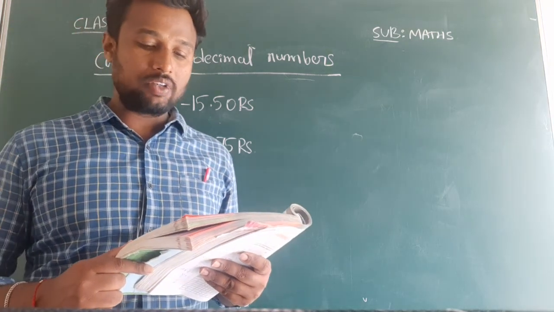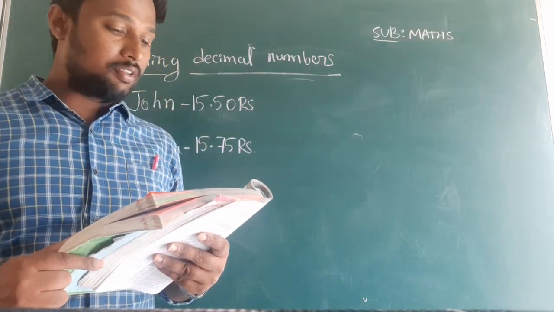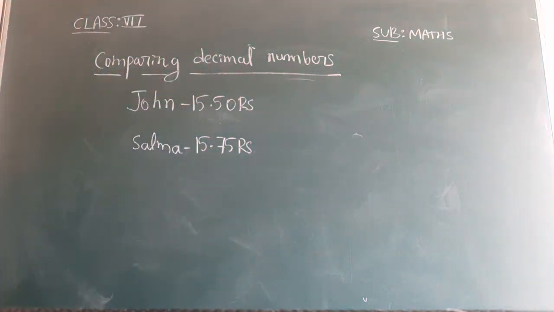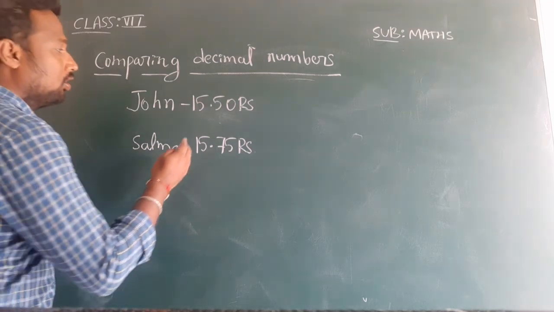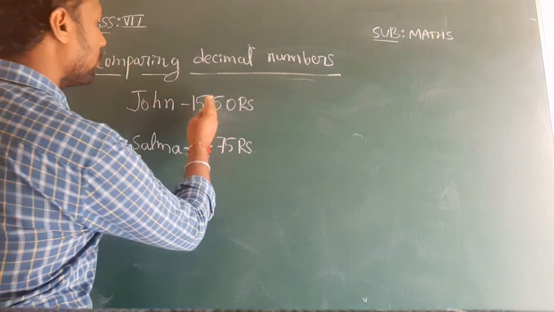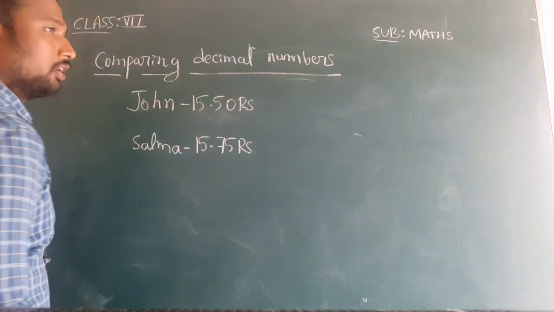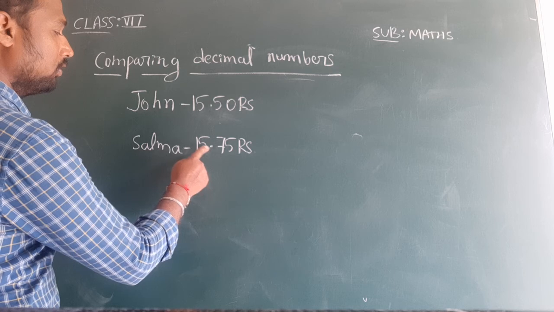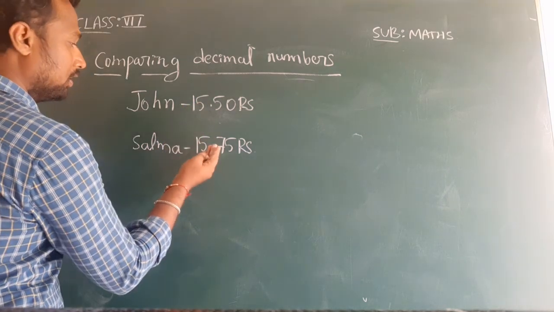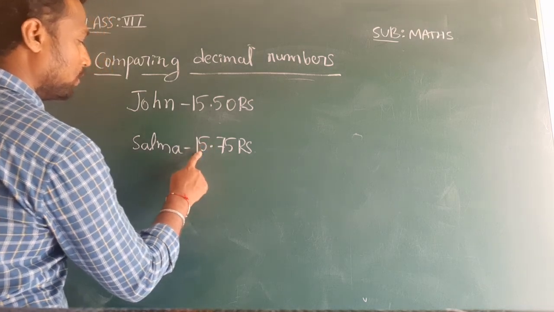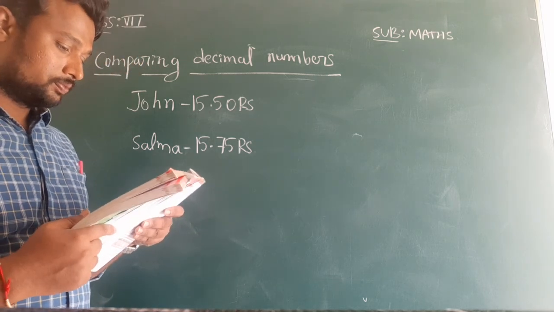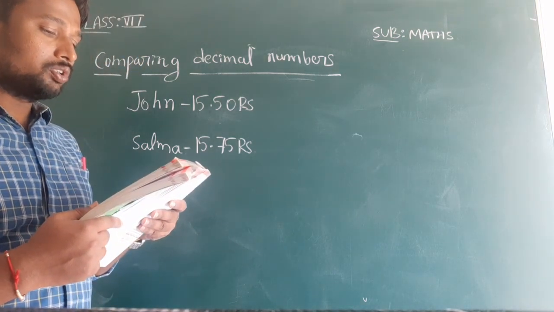To do this, we first compare the digits on the left of the decimal point. While comparing, you always compare the digits on the left of the decimal point. Here, on the left of the decimal point we have 15, and here also we have 15. Always start with the leftmost digit.